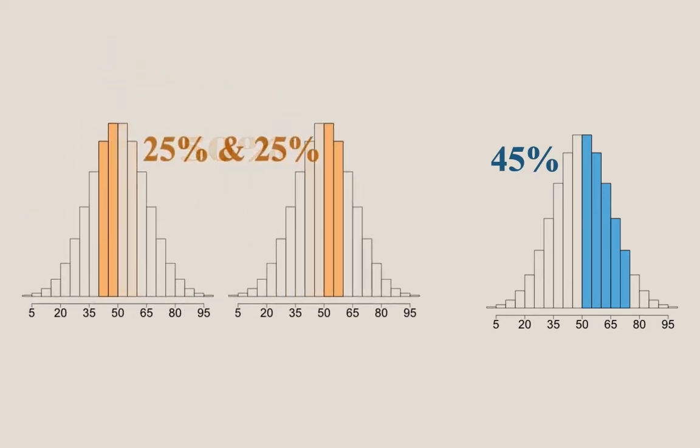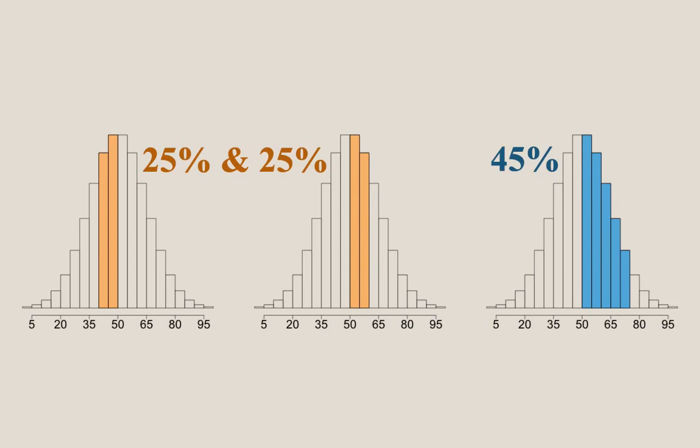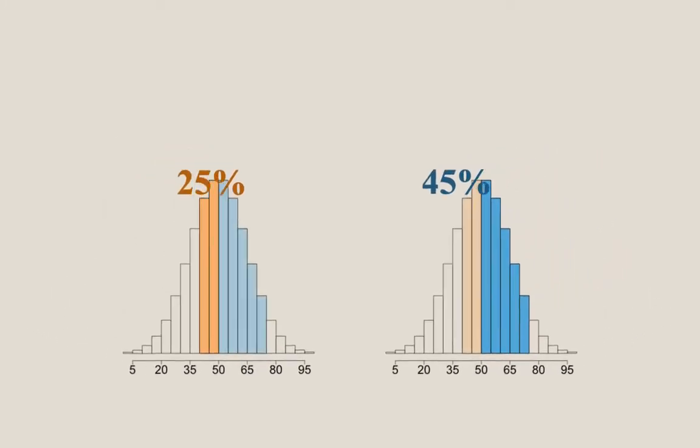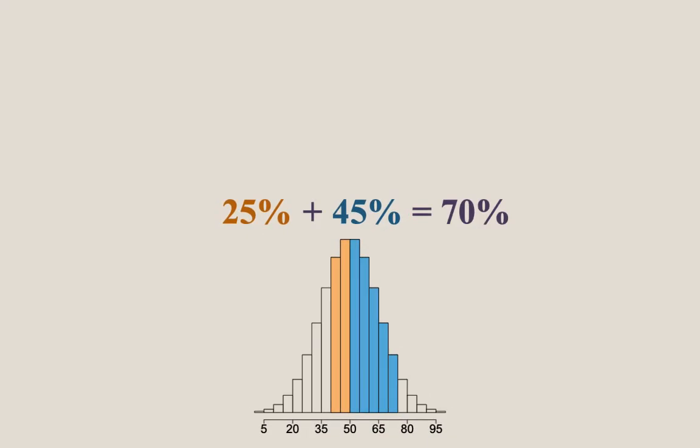That means from 40 to 50, we would capture 25%, half of 50, and from 50 to 60, we would capture the other 25%. Now we're going to focus here on the 25% from 40 to 50 and the 45% from 50 to 75. If we put those together, we see that from 40 to 75, we would capture the sum of 25% and 45%, or about 70% of the data.